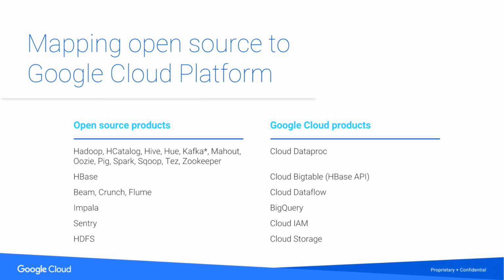We also have a set of different products and components which complement the existing open source ecosystem. For example, HBase. So we have Cloud Bigtable, which complements HBase. If you're using some kind of a data processing framework, let's say Beam, Crunch, or Flume, we have Cloud Dataflow.